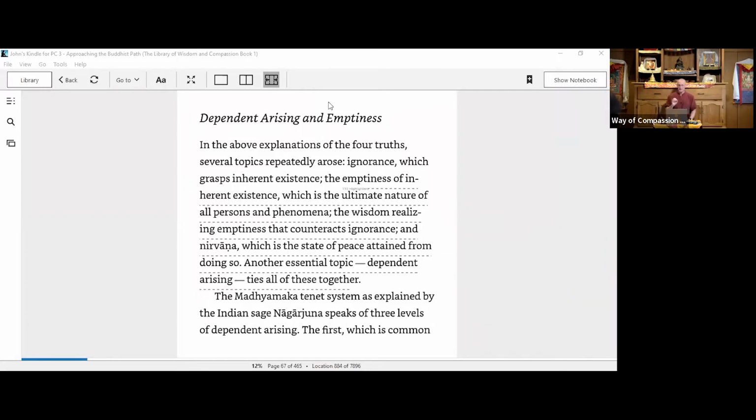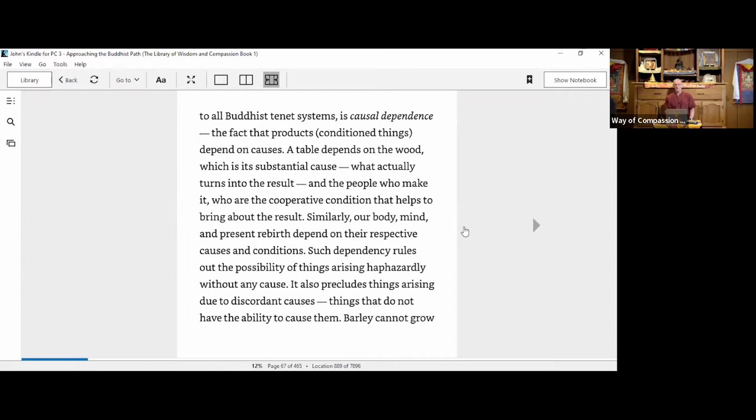So the Indian sage Nagarjuna speaks of 3 levels of dependent arising. The first, which is common to all Buddhist tenet systems, is causal dependence. The fact that products, what we call conditioned things, everything being conditioned in this experience, depend on causes.